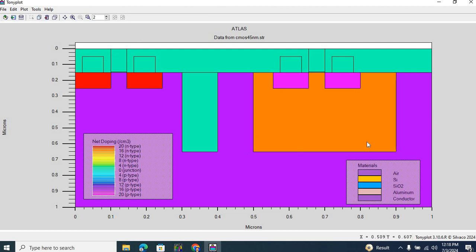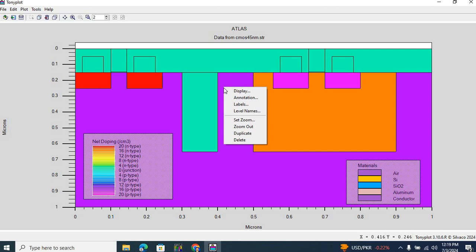Similarly, over here we have an N-well, and the doping of this N-well is 3 into 10 to the power of 18 per centimeter cube. Similarly, the drain and source regions over here are P-type, and their carrier concentrations are 3 into 10 to the power of 18 per centimeter cube.